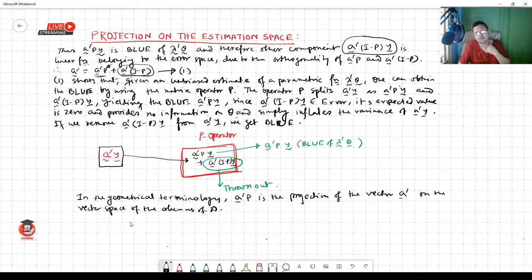So this is the beauty of the operator. If you use this orthogonal projection matrix, then you can get a best linear unbiased estimator.